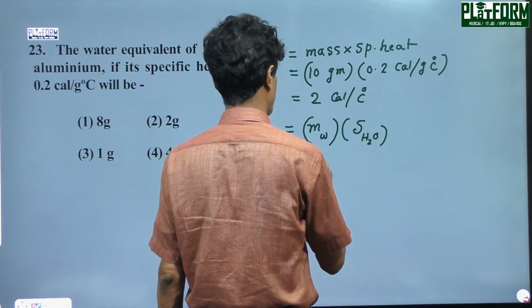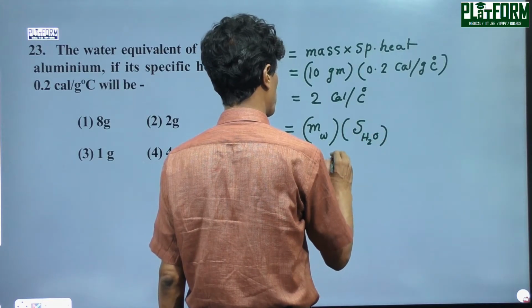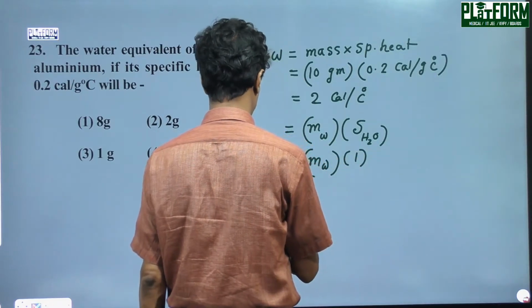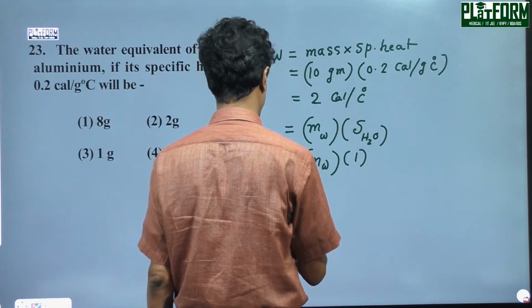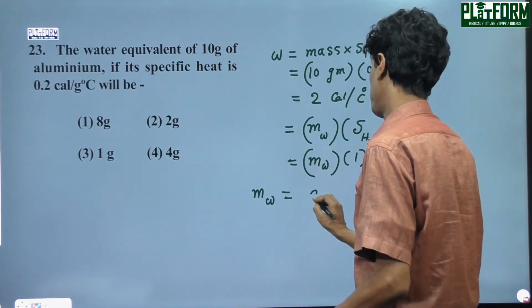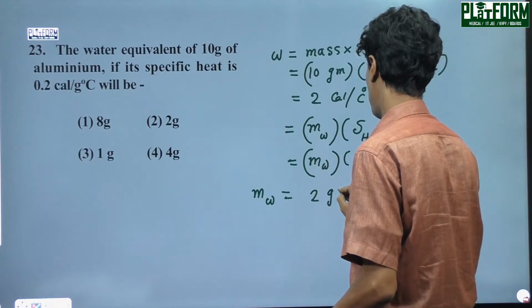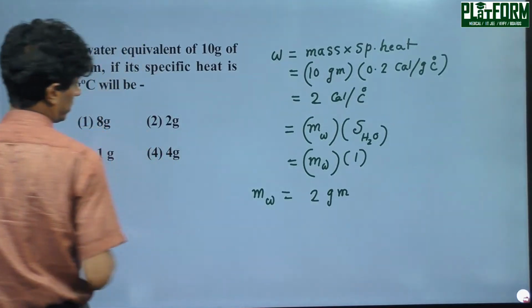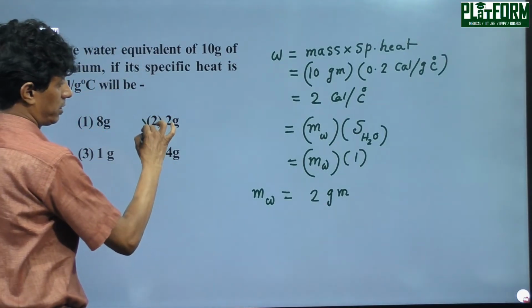We know the specific heat of water is equal to 1. So the water equivalent of the aluminium is actually 2 gram. So here the right option is 2.